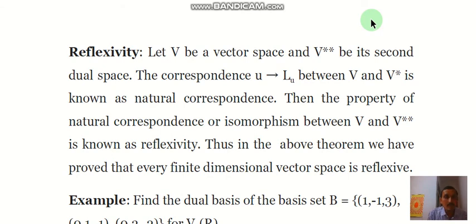Now, seeing the above theorem, we define the reflexivity of a vector space. Let V be a vector space and V double star be its second dual space. Then the correspondence u to L_u between V and V double star is known as the natural correspondence.